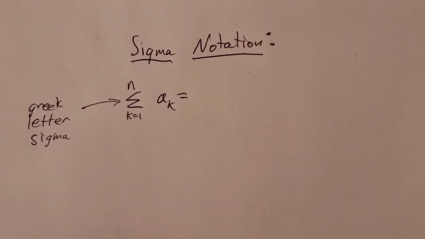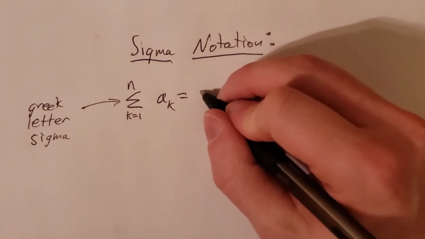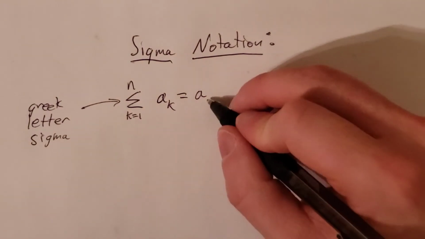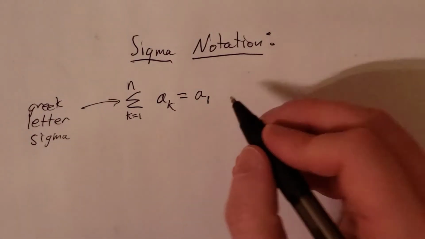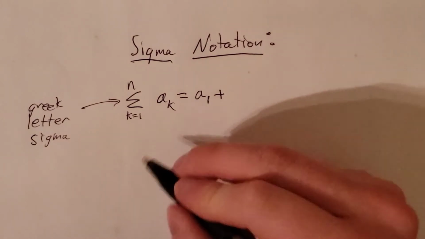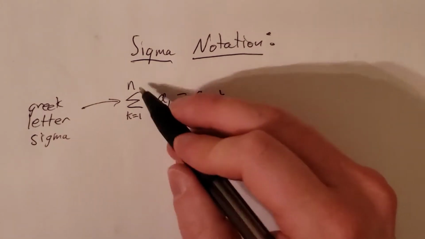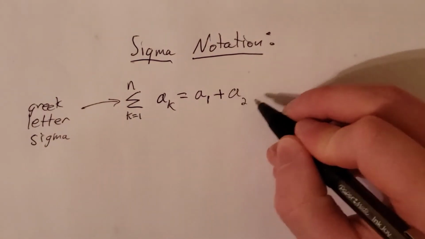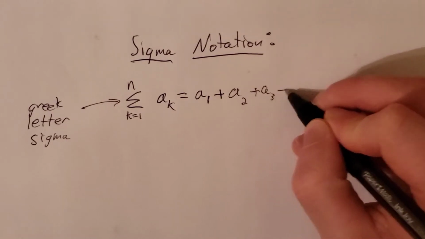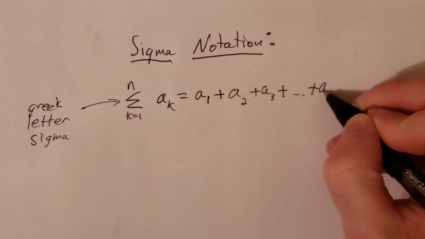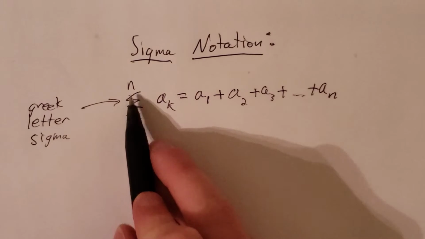And what does this mean? Well, the sigma notation means that we take our formula on the first index, so a sub 1, and then we add, and then we keep going as we run through all of the indices here. So a sub 2 plus a sub 3 until we get to a sub n.